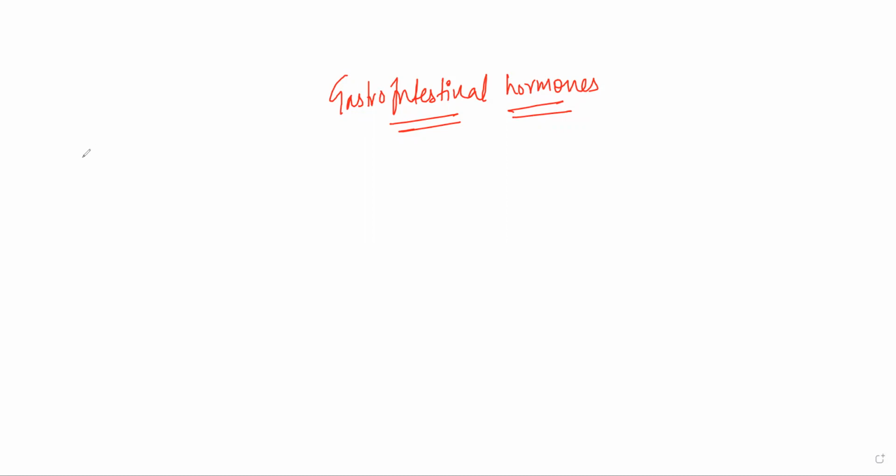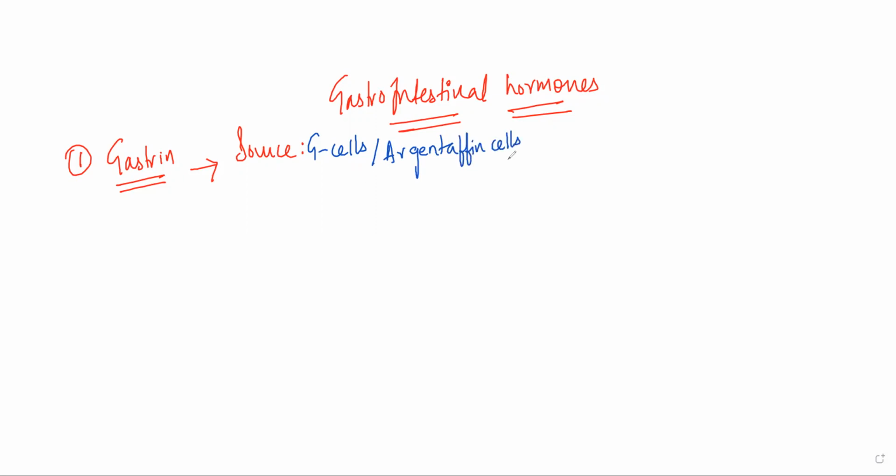Okay, children. So the first thing that we would like to see is the one being called gastrin. So this is the hormone. The source from where we get this gastrin is going to be the G cells, or what we call the argentaffin cells of the pyloric gastric glands, right?